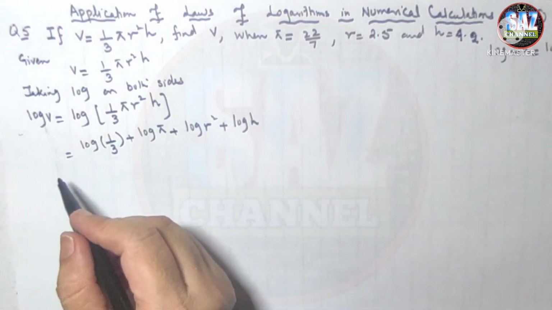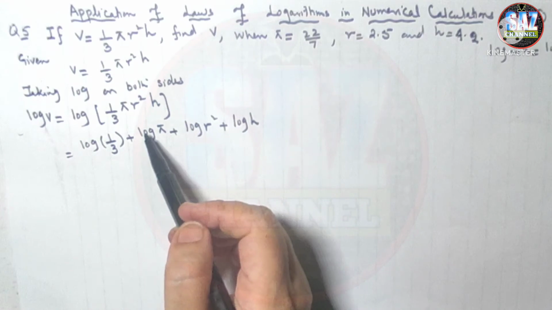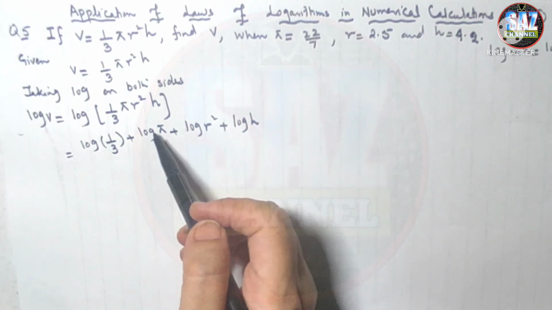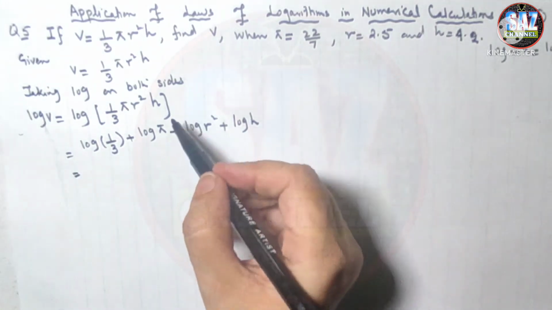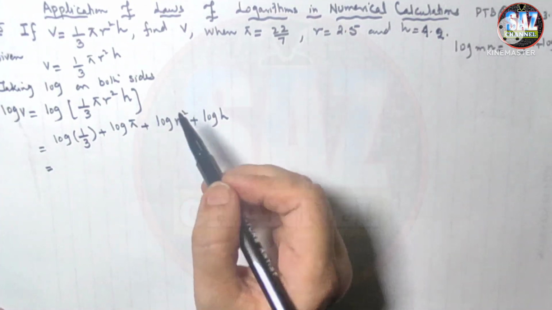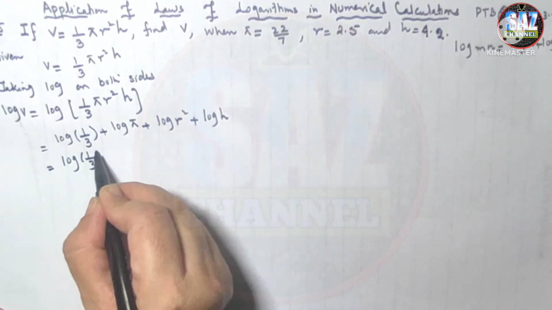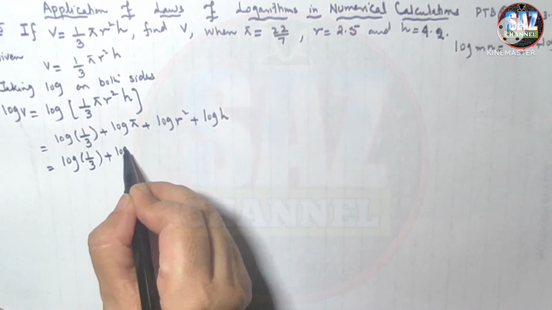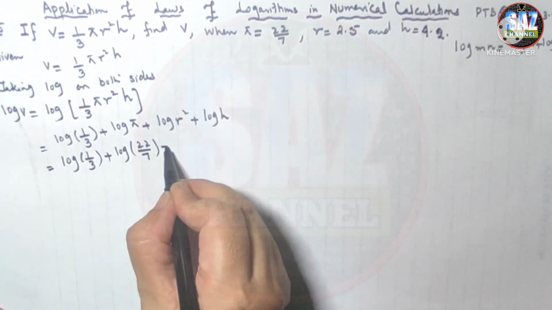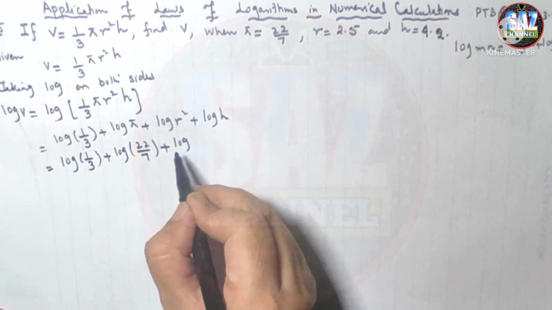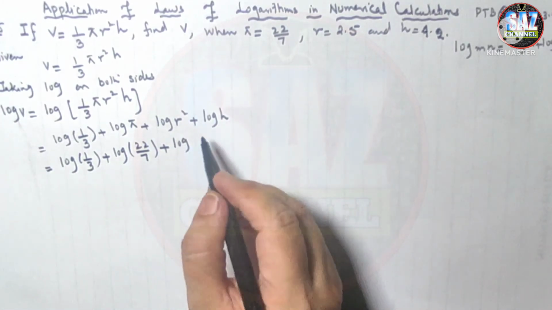And now what I have to do is apply the properties of log, and replace the values of pi and r. So it will become log 1 by 3 plus log pi, which has the value 22 by 7, plus log, and r has the value 2.5, if I am not wrong, let me confirm from the book.